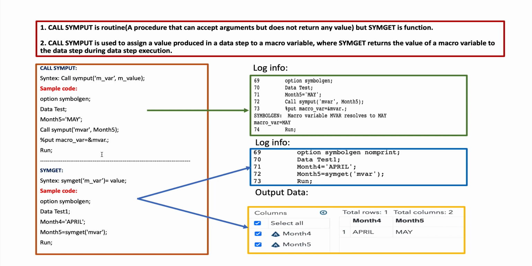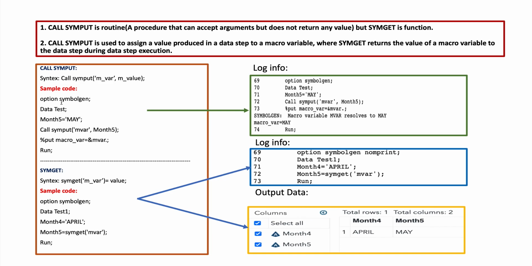We are going to check whether it has created the macro variable or not. That's why we print %put macro_var equal &mvar. That means it will print the resolved macro variable value in our log window.